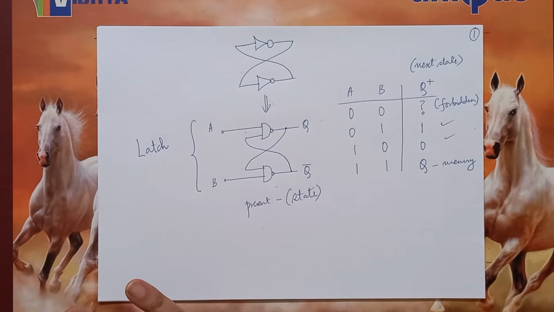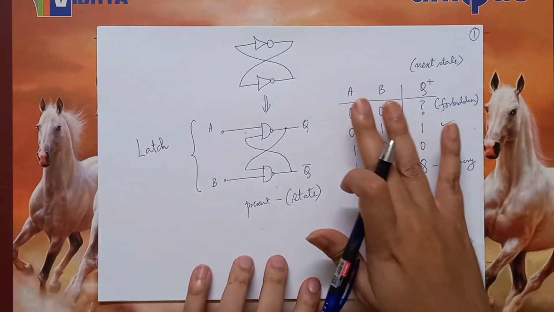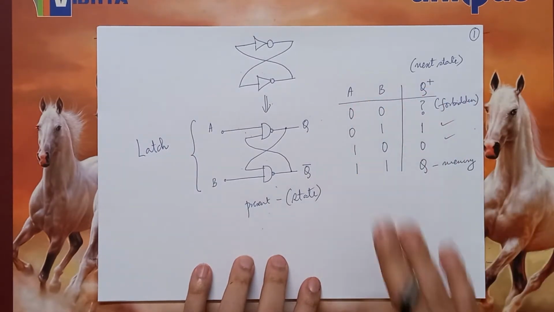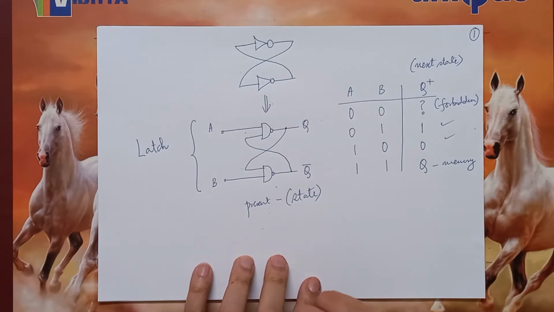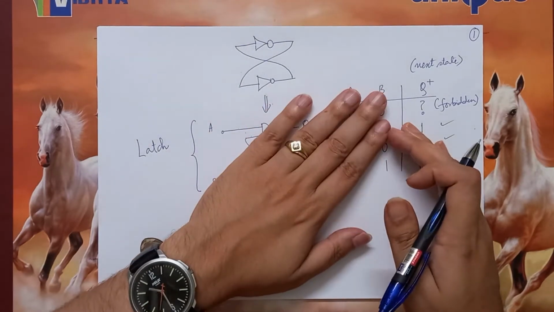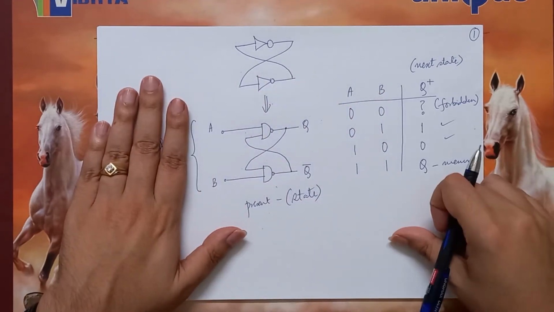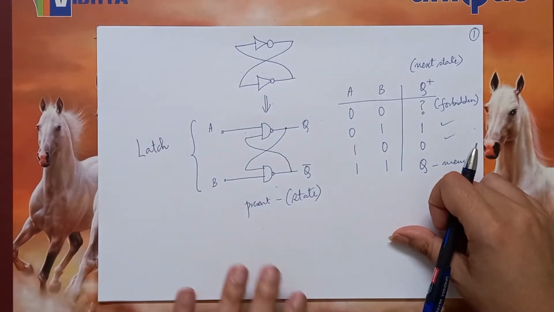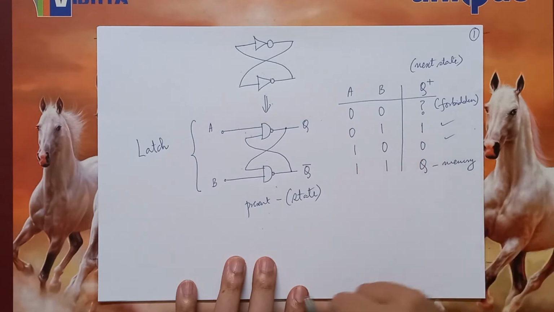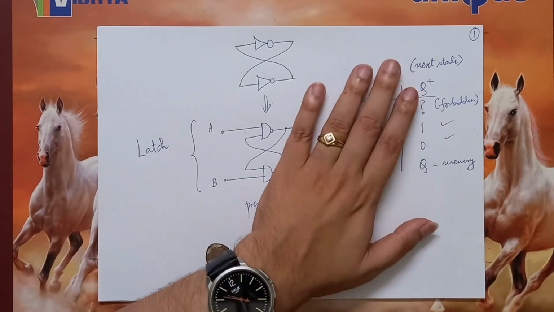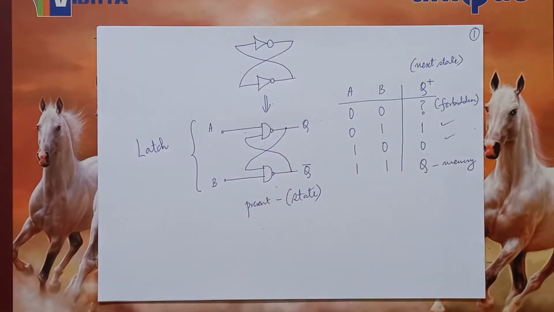Now, what we are seeing is that depending on the values of A and B, this latch can act either as a combinational circuit or a circuit with some memory properties. So in some sense, A and B have the power to act as combinational inputs as well as inputs which can activate the memory property.